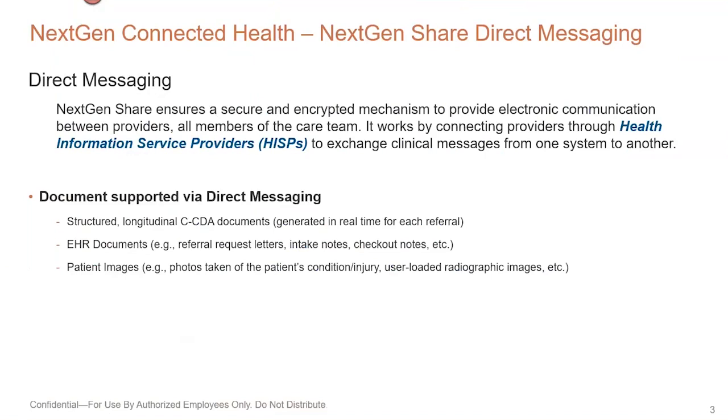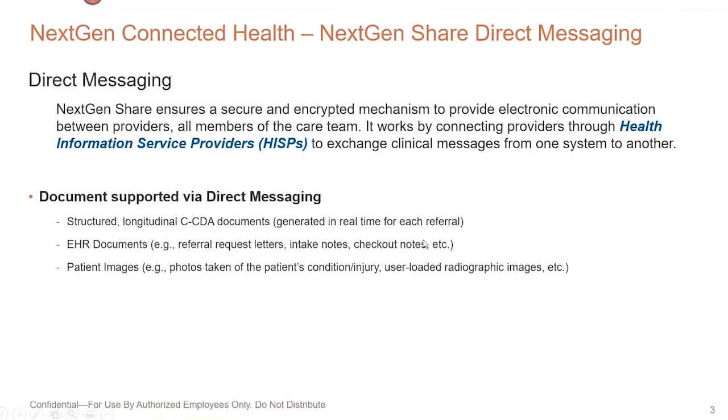So again, once this is defined, then we have the ability to send out a referral. If we want to send out any documentation via direct messaging, here are the three components that we can support. One is structured longitudinal CCDA documents. So for example, we can pick up the patient's chart, medications, social history, family history, allergies.